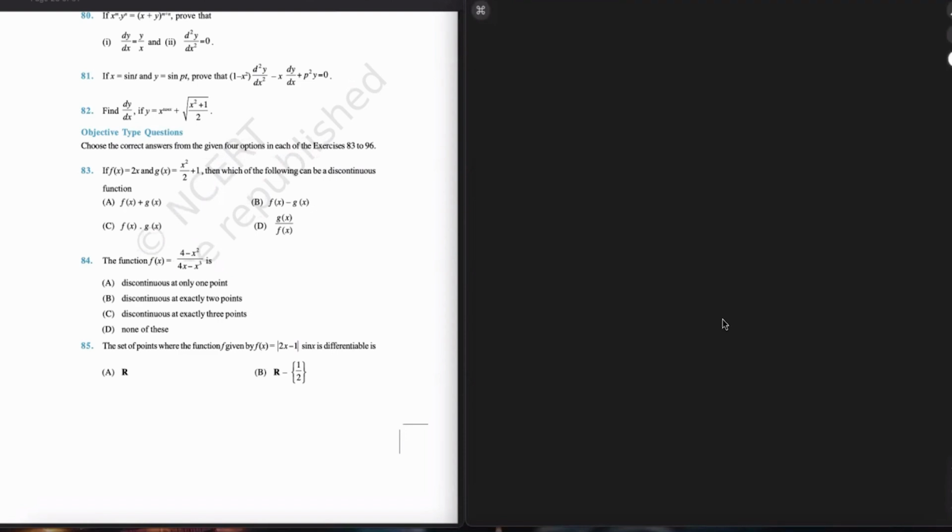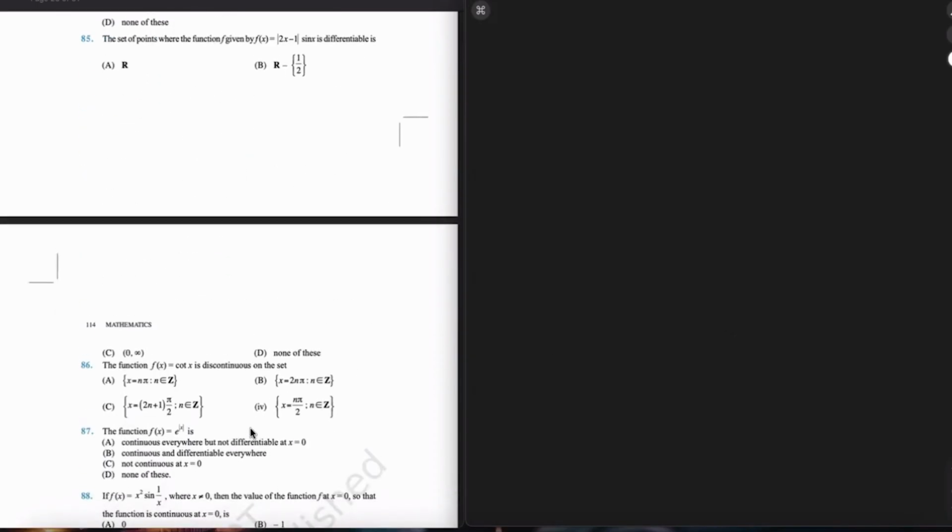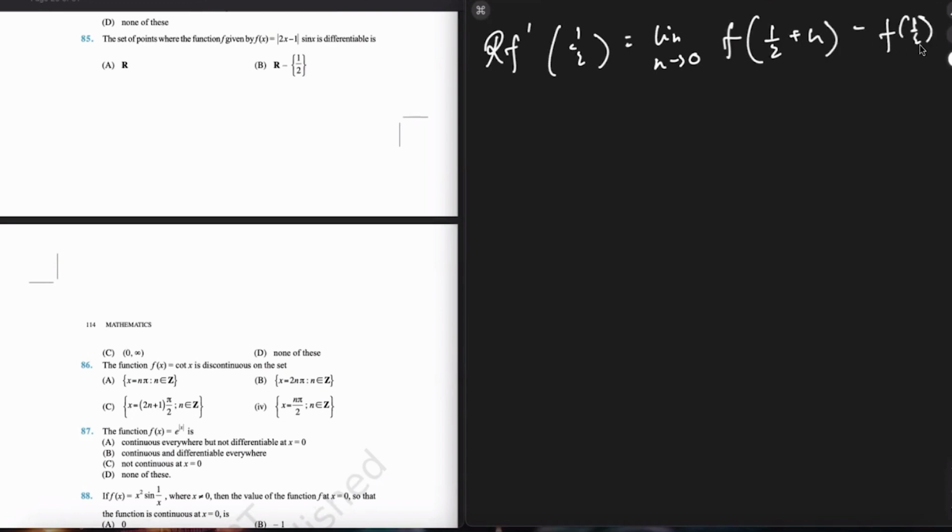The set of points where the function f given by mod of (2x minus 1) sin x is differentiable is. So let's approach from the right hand side for f dash: limit h tends to 0 of f(half plus h) minus f(half) divided by h.